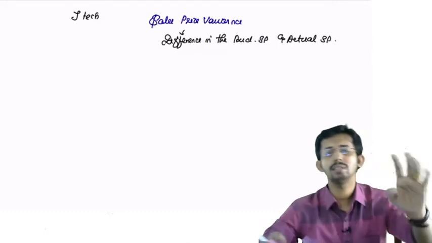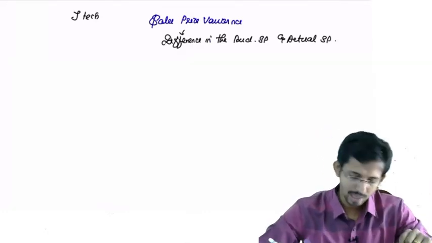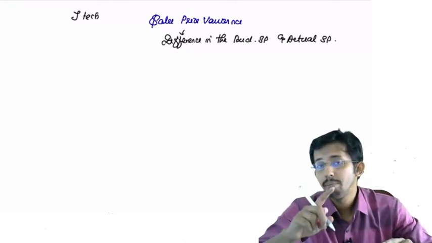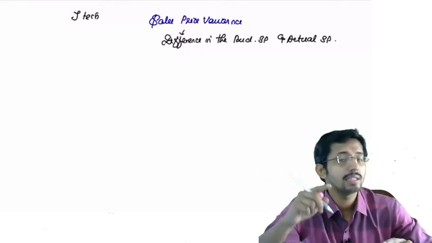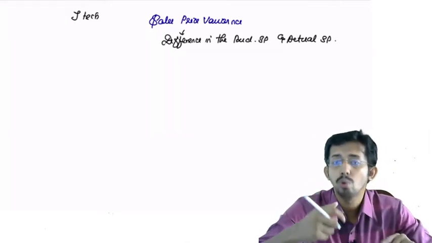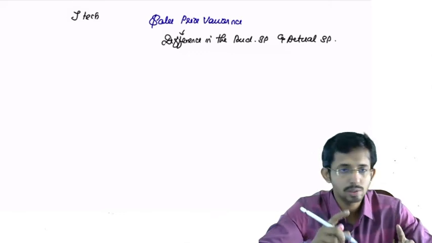The difference between budgeted selling price and actual selling price. If the actual selling price becomes higher than the budgeted selling price, then it is going to be a favorable variance, and on the other hand, if actual selling price is lower than the budgeted, then it is going to be an adverse variance.